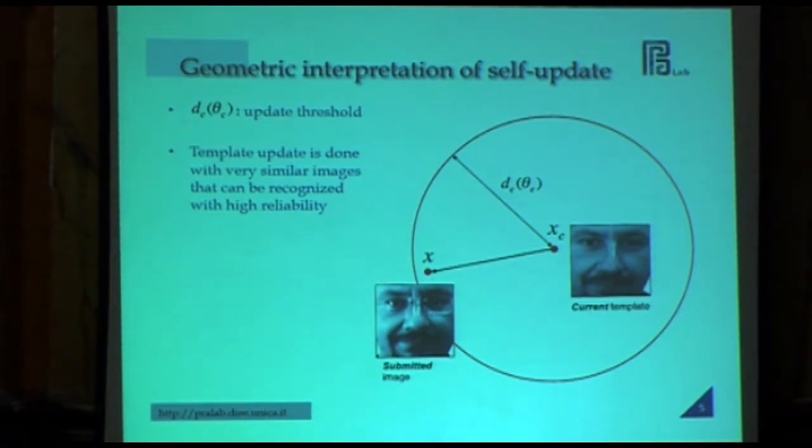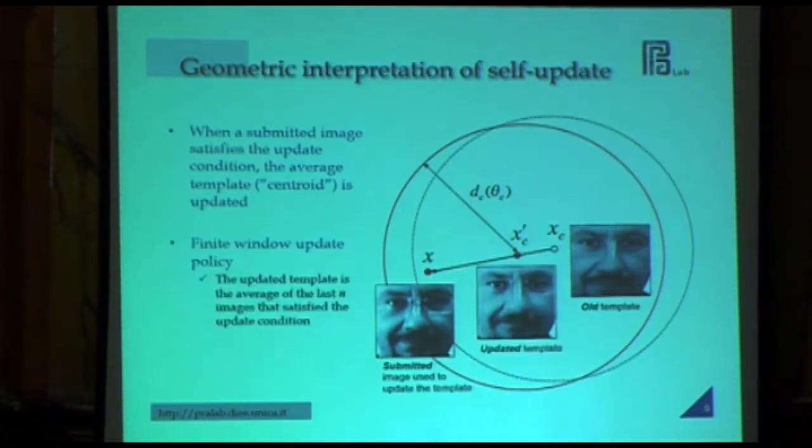You are recognizing it with high reliability, so you can use this image to update your current template. Of course, now I'm considering just one template per person, but you can generalize this to a gallery of templates per person.